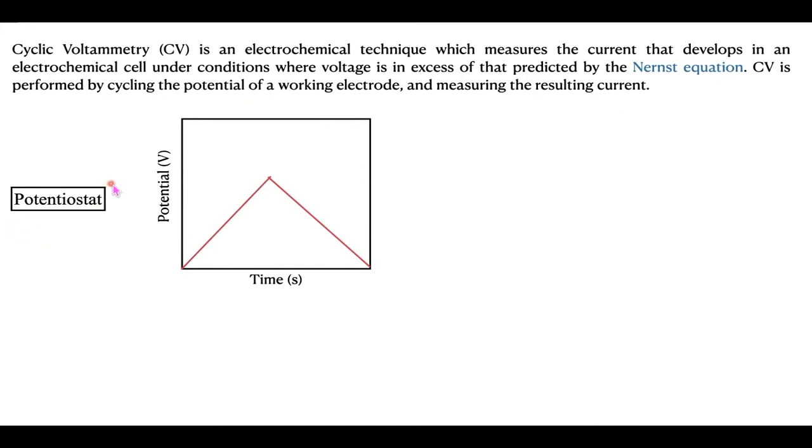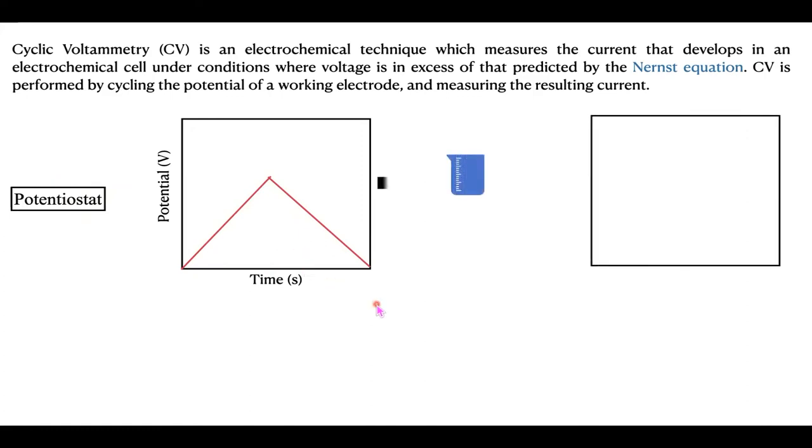In cyclic voltammetry, we have 3 electrodes: working, counter, and reference, and that's why we use a potentiostat for that. This potentiostat applies a triangular form of potential to our electrochemical system.